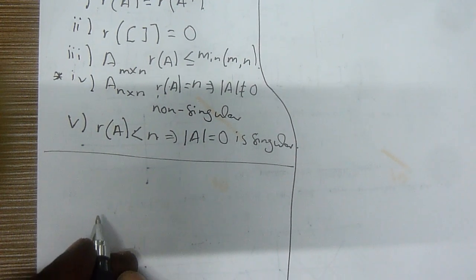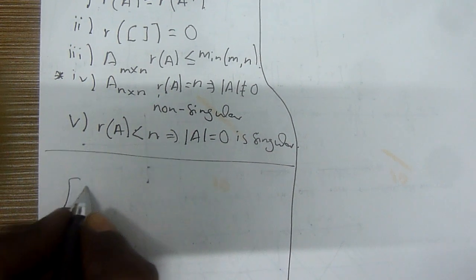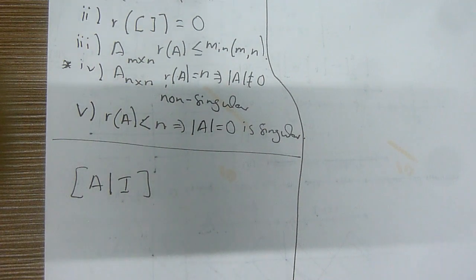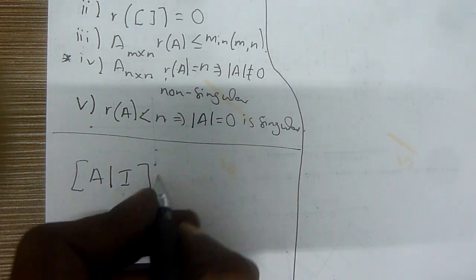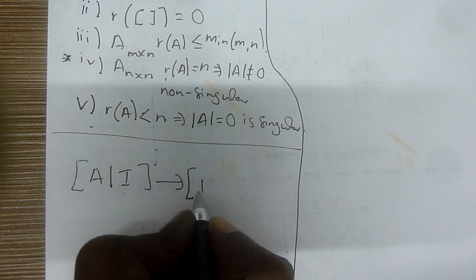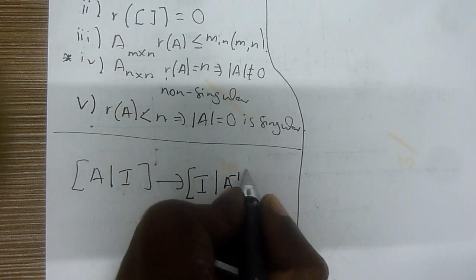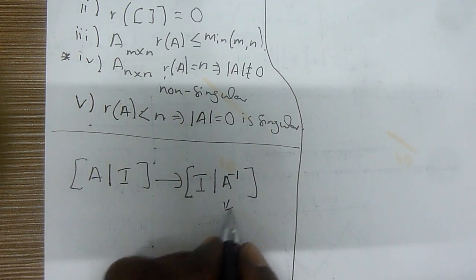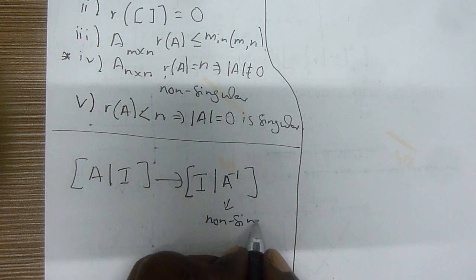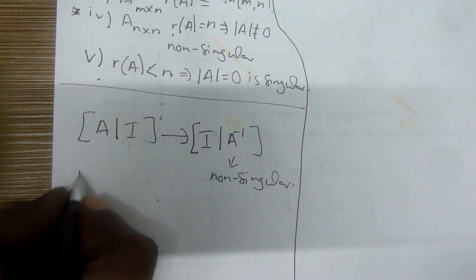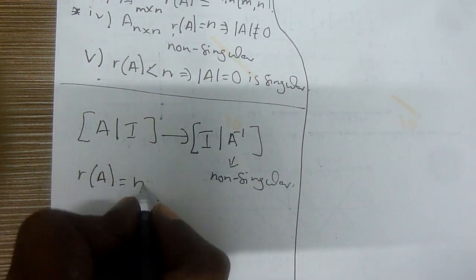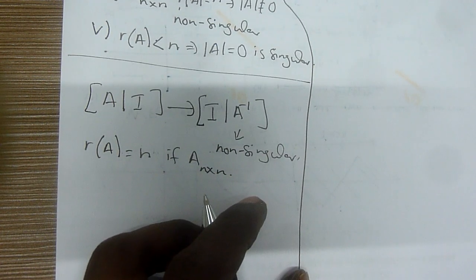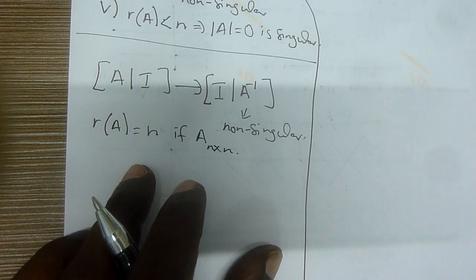Now in this particular case, if you transform A to the identity, which is what we did before, and A is non-singular, we can do this. Okay, it's non-singular, and the rank of A must be n if A is n times n. This is one way to solve the problem.